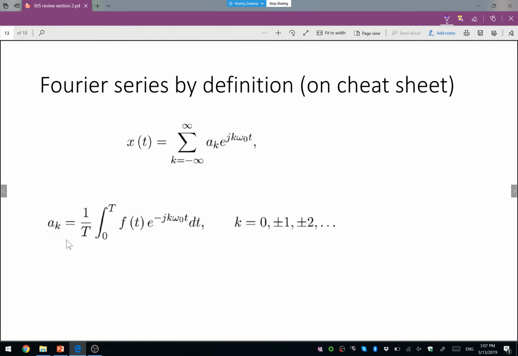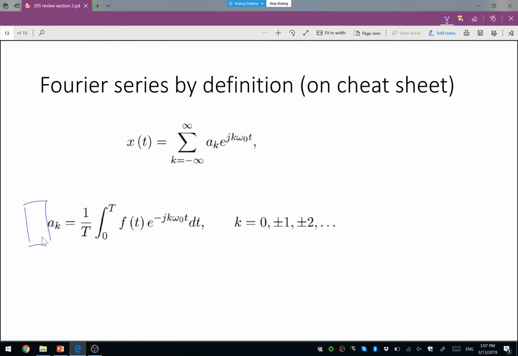The second is, if I have f(t), a time domain signal, how can I get the A's like in the previous example? The A's are in the frequency domain. Usually the second one is more common than the first, but the first can still appear. By the way, this is on the cheat sheet.